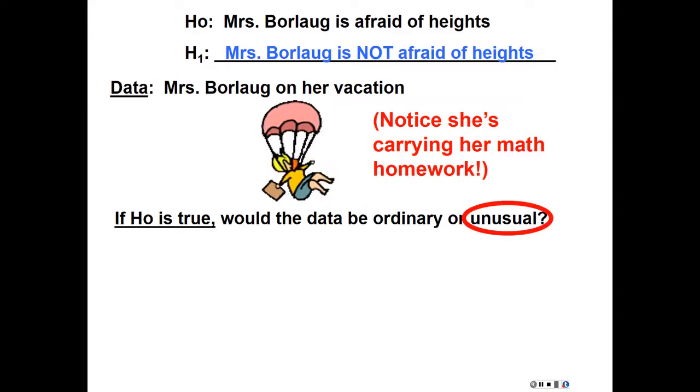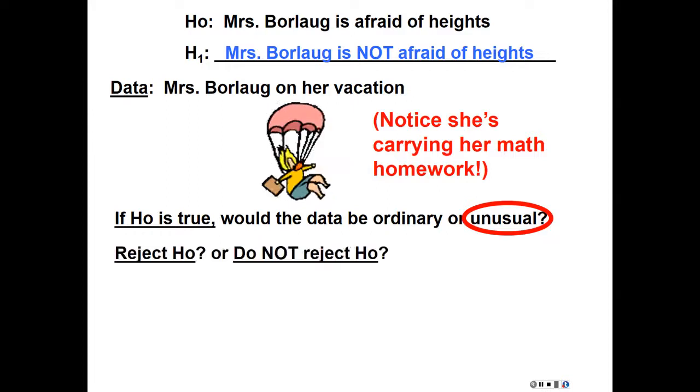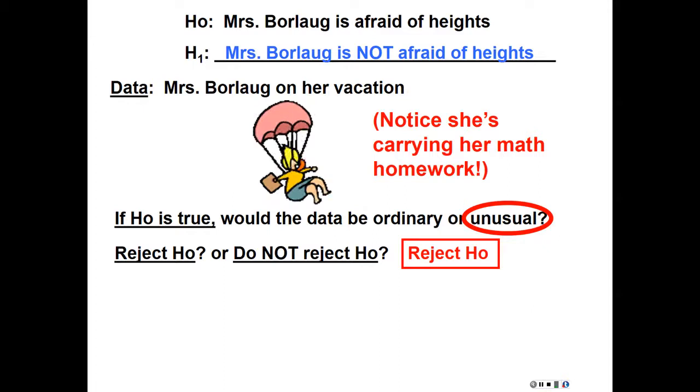So in that case, should we reject H0 or not reject H0? We should reject H0 because the evidence does not support H0. And since the evidence does not support H0, what does it support? It supports H1.